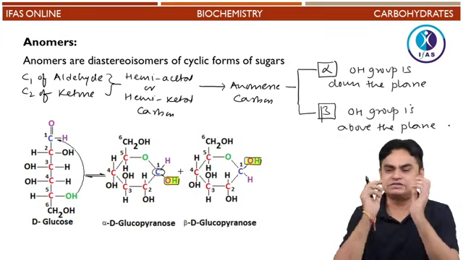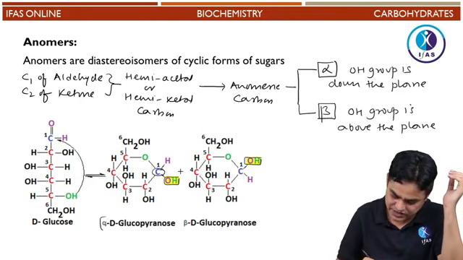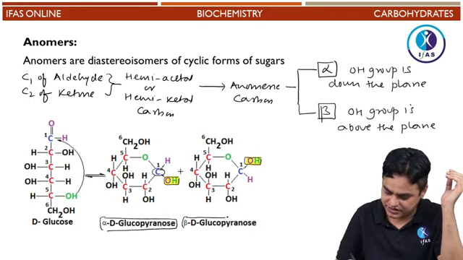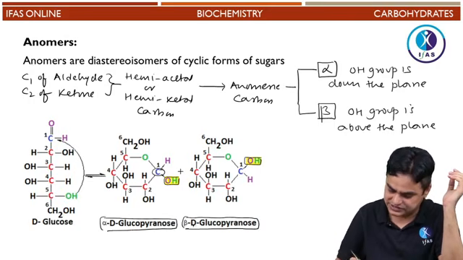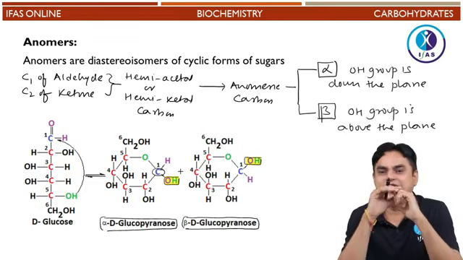For example, this is the structure of alpha D-glucopyranose and this is the structure of beta D-glucopyranose. So what you can see is that the change is only at anomeric carbon.